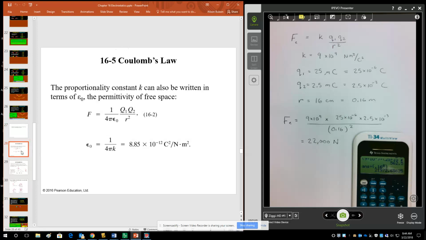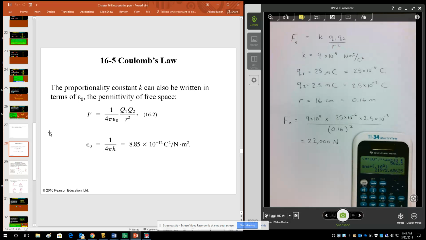Okay. So that proportionality constant, lowercase k, can also be written in terms of epsilon naught, which is called the permittivity of free space. When in AP Physics 2, you start looking at the interaction between electric fields and magnetic fields, it will be very useful to express electric force in terms of epsilon naught, because epsilon naught is a term we use for electric field pretty specifically.